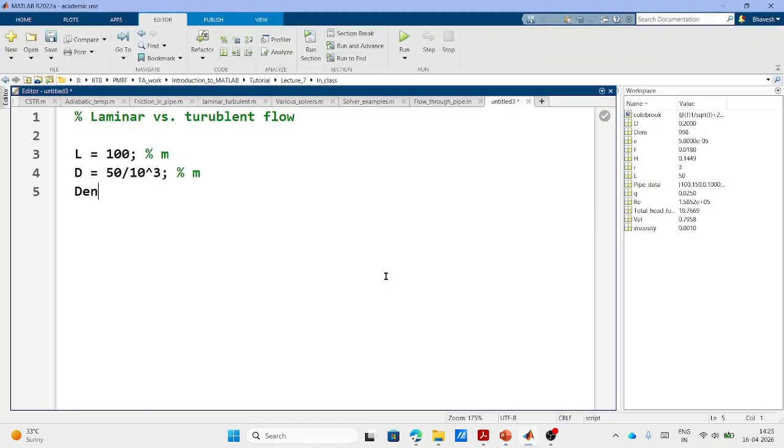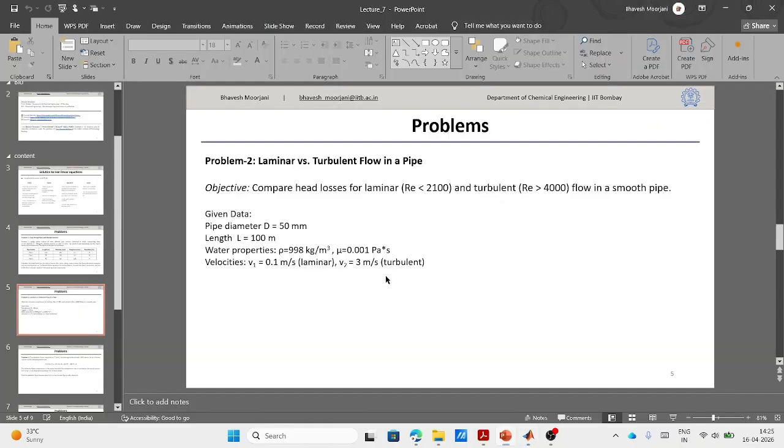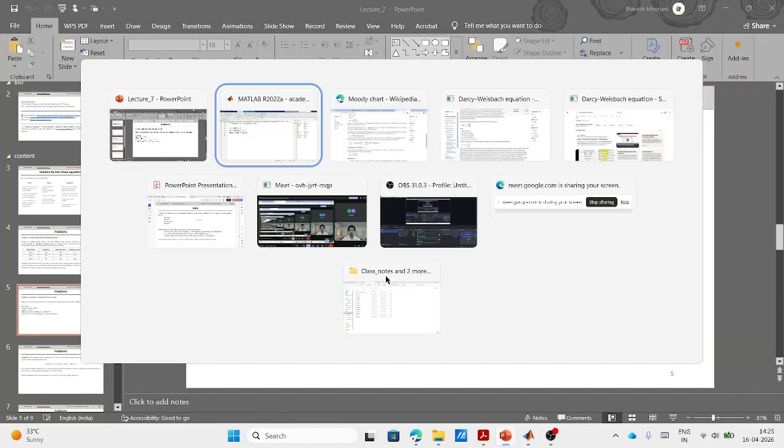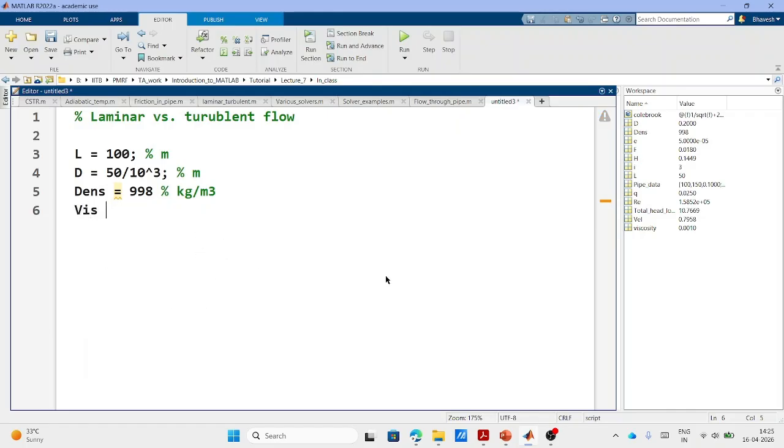So density is 998, this much kg per meter cube. Then you have viscosity, again 0.001 Pascal second. Viscosity 0.001, this much Pascal into second.